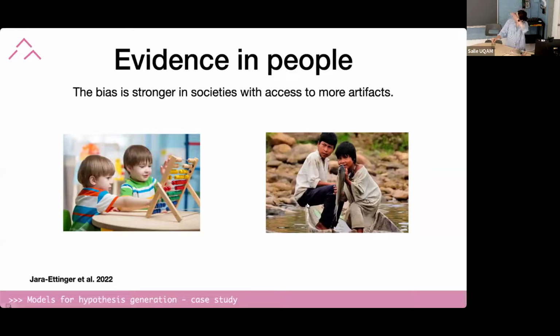There's also really recent evidence that the bias is strongest in societies that have access to more artifacts. There's some experimental work that's compared American English speakers versus Tsimane speakers, an Amazonian language spoken in rural parts of Bolivia, where they have lesser access to artifacts, and the bias is much stronger in American English speakers and even disappears in some Tsimane speakers.